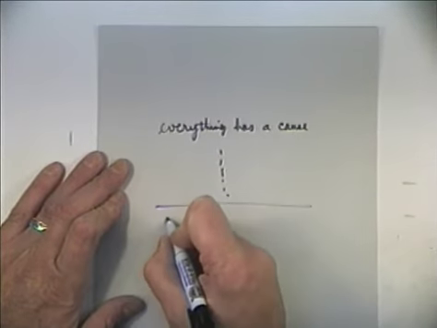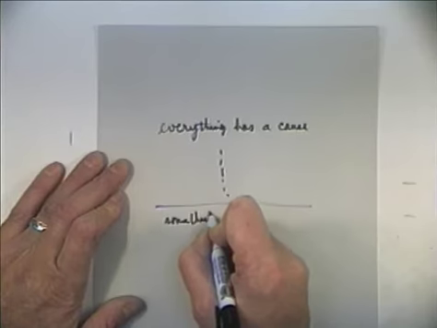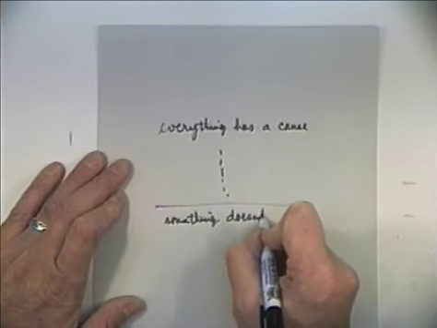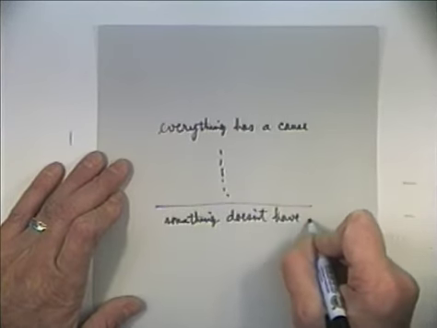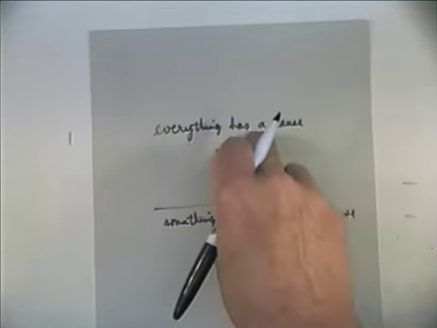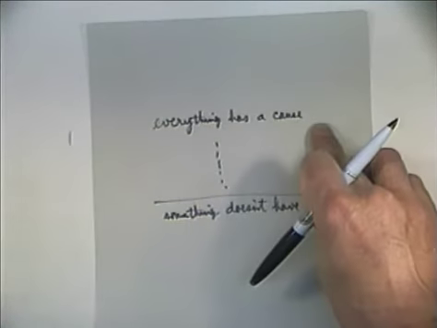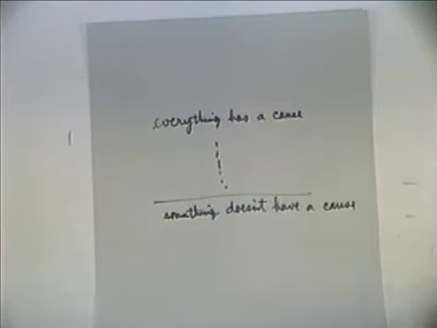Last line, something doesn't have a cause. What's the problem? This contradicts the assumption. I mean, you've just proven something that contradicts your assumptions. That means this assumption is not correct. So you can't base any argument on that.